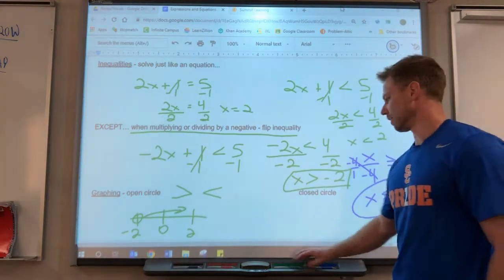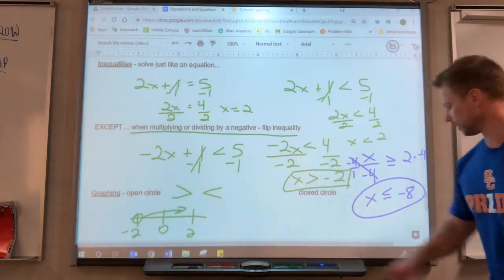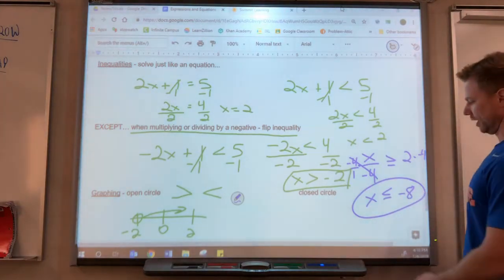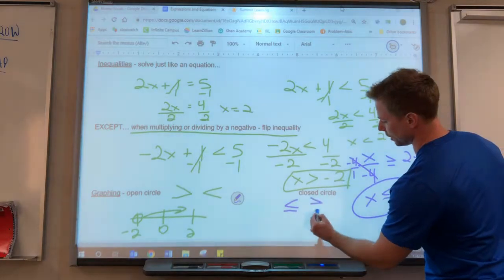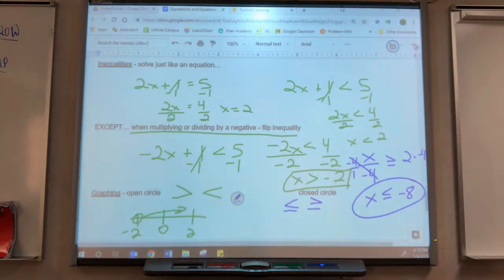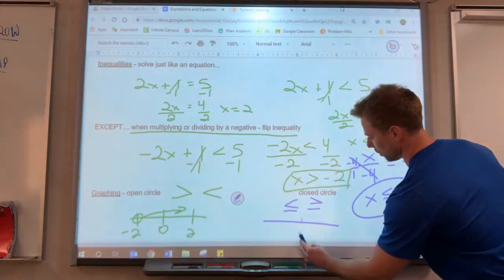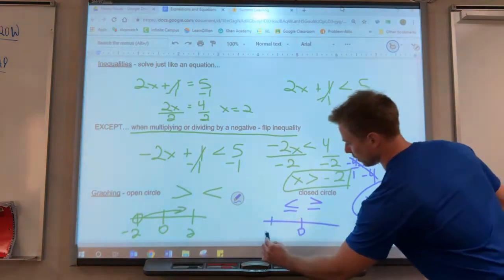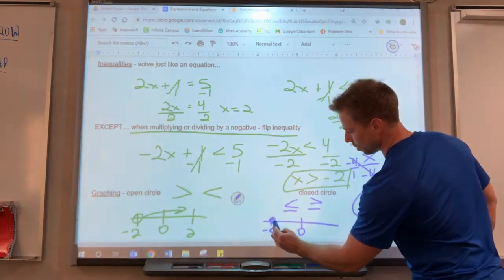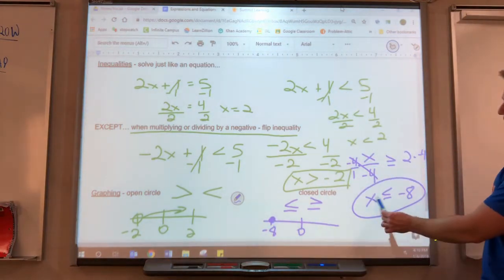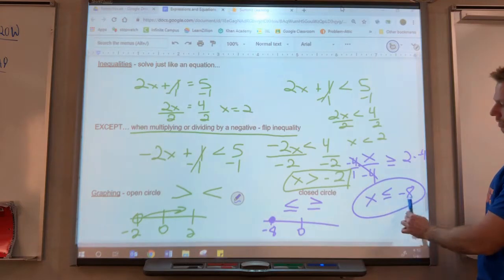Okay? If I was going to graph this one over here, if it's less than or equal to or greater than or equal to, that's a closed circle. Okay, so I would draw a quick number line, put negative 8 on my number line. Since it's less than or equal to, it would be a closed circle, and I want numbers that are smaller than or equal to negative 8.